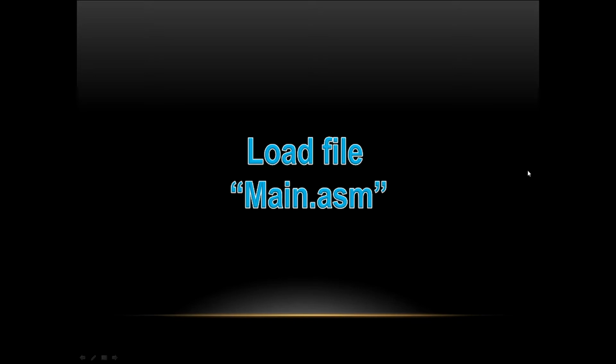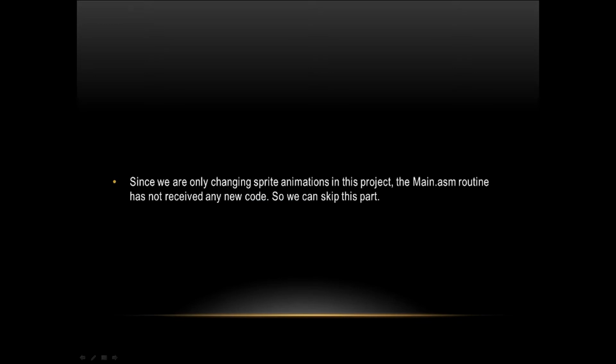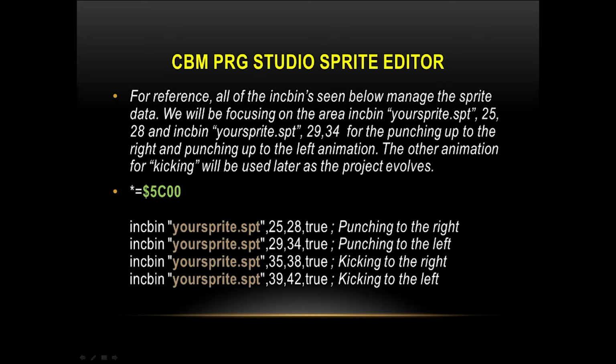Now we're on to main.asm. Since we are only changing sprite animations in this project, the main.asm routine has not received any new code, so we can skip this part. For reference, all the incbins seen below manage the sprite data.